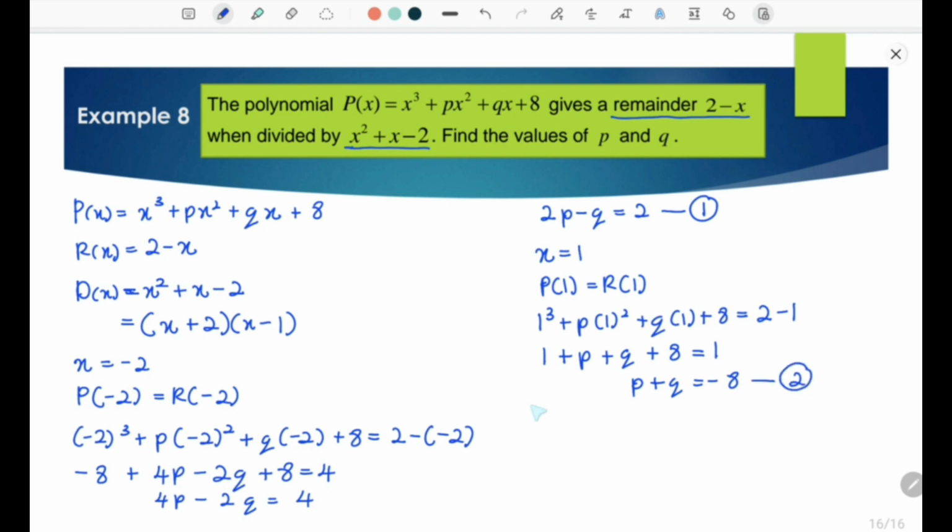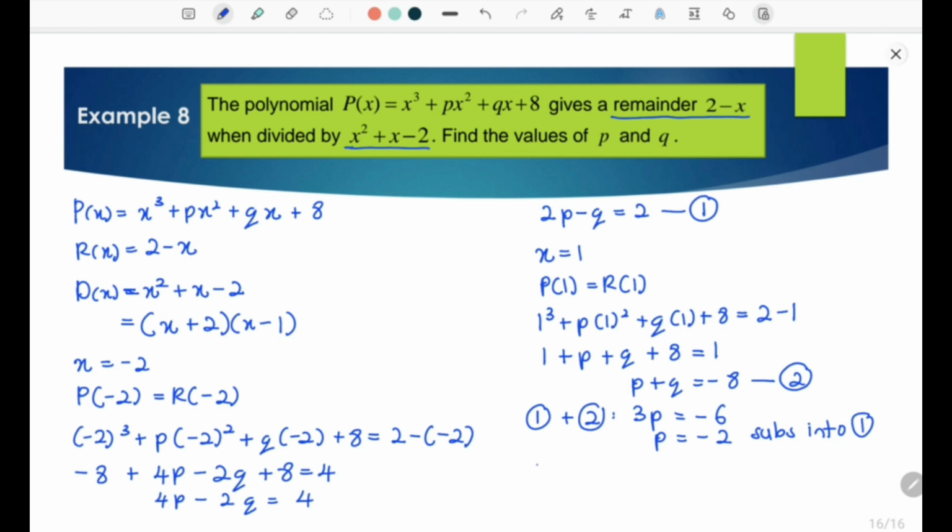Next, to find the value of p, I'm going to take equation 1 plus equation 2. So we have 2p plus p equal to 3p, negative q plus q equal to 0, 2 plus negative 8 equal to negative 6. So p equal to negative 2. Next, we're going to substitute p equal to negative 2 into equation 1.